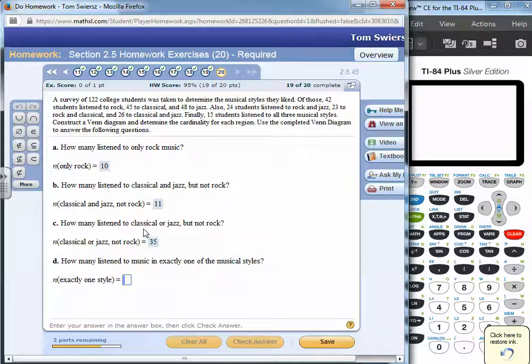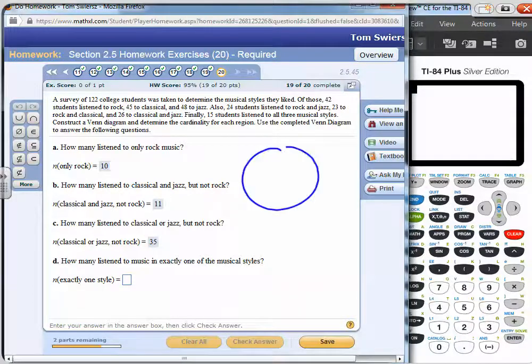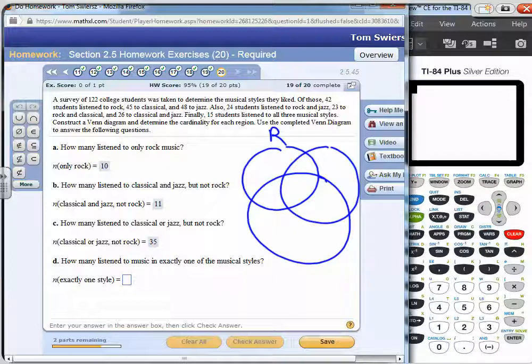How many listen to exactly one of the musical styles? Exactly 1 would be those numbers that are in 1 but not the others. So remember, rock, classical, and jazz. This was a 10, this was 11, and this was 13. These are the ones that are in exactly 1, right?